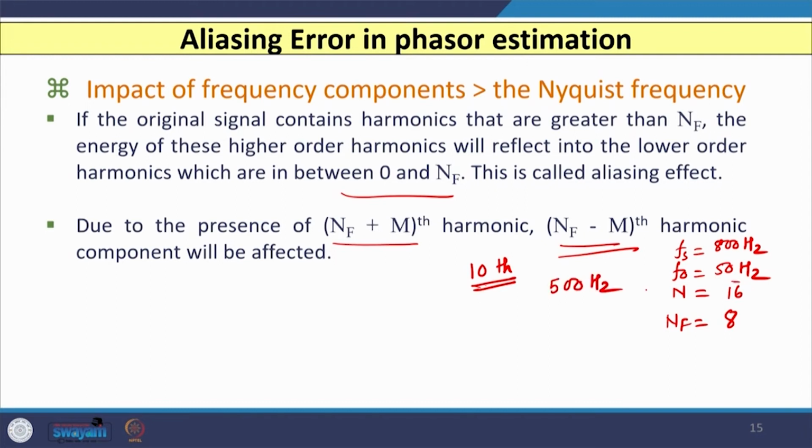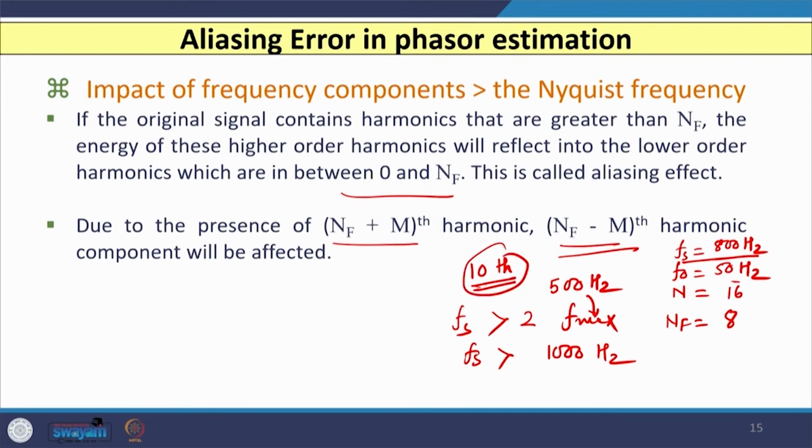We have already discussed that the sampling frequency, according to the Nyquist criterion, should be greater than 2 times F max. My F max is 500 hertz, so my sampling frequency should be greater than 1000 hertz if I want to avoid aliasing error. But here the sampling frequency is 800 hertz, and the signal which we are acquiring contains the 10th harmonic component.